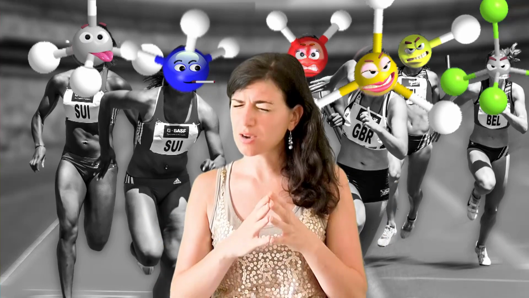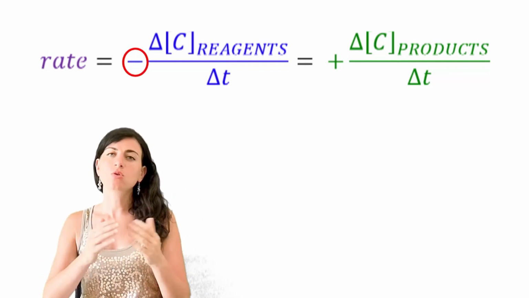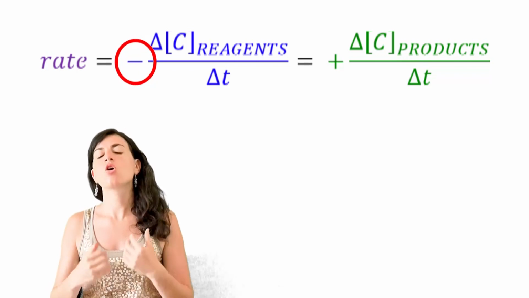So all the chemists now, because of this psychological status of some chemists in the past, we have to always make our speed positive. So in order to make our speed positive, we have to add a minus sign when we are calculating the speed using reagents. Okay, it's a convention due to the hate of chemists for the minus sign.